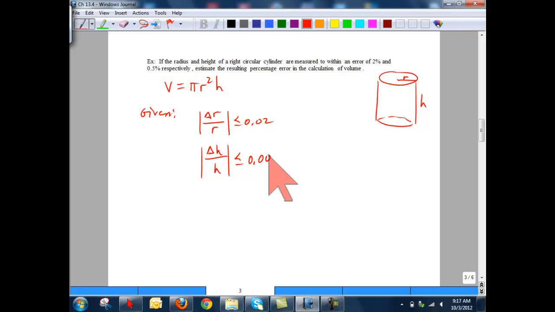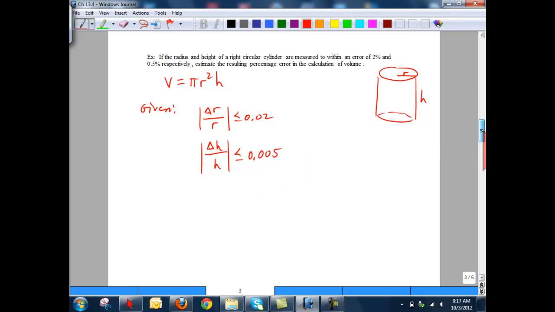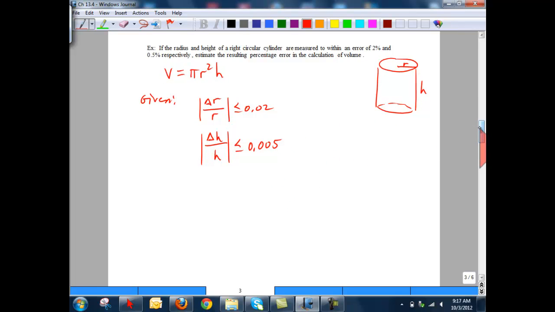That was accurate to within 5%, or 0.005. And I would like to find, or a better word would be approximate, delta z divided by z. Find the resulting, not z, v. Sorry about that. Approximate delta v divided by v, which is the percentage error or proportional error in volume.